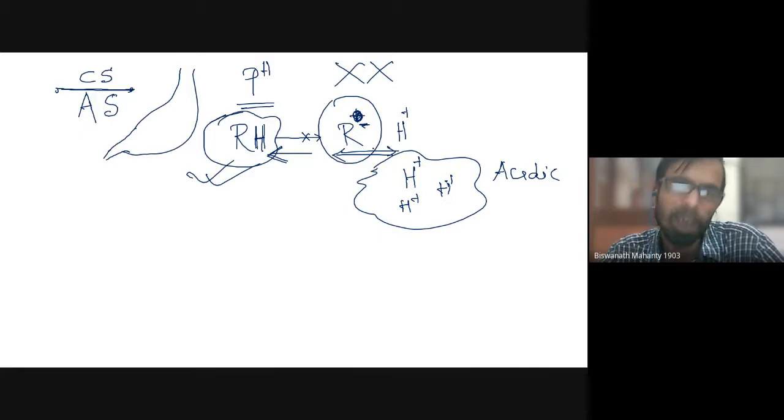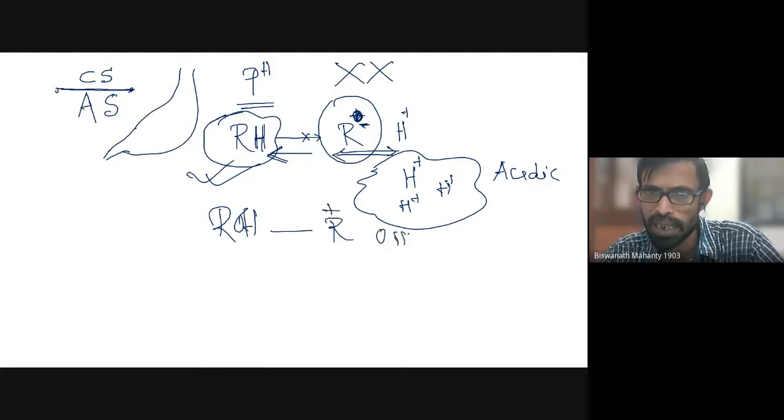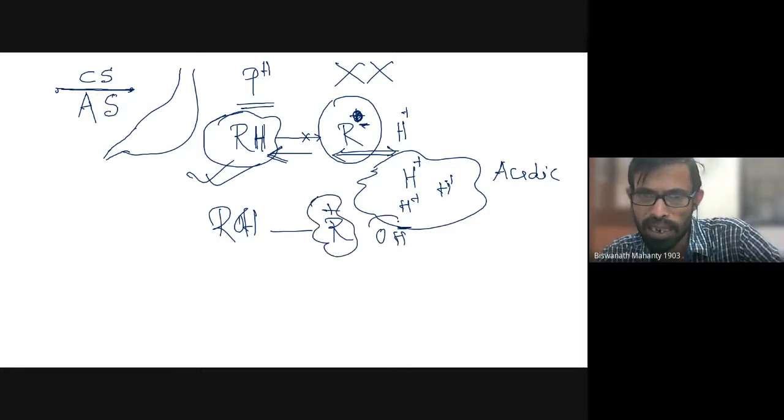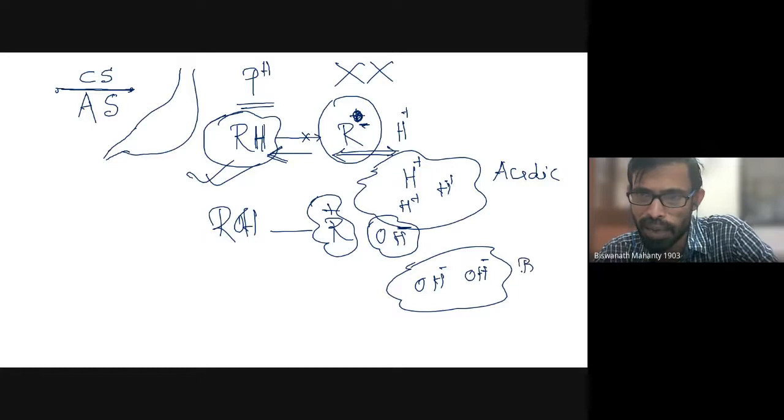For anionic, the opposite picture will come. Anionics may be something I'm telling that it normally behaves like this, R plus and OH minus, for example. So R plus is the cationic group and OH is the negative ion. Normally it happens. But if there is too much hydroxyl ion, just for simple assumption, in the media, I mean to say this is a basic environment, at that time this ionization will not happen. So this is not allowed.